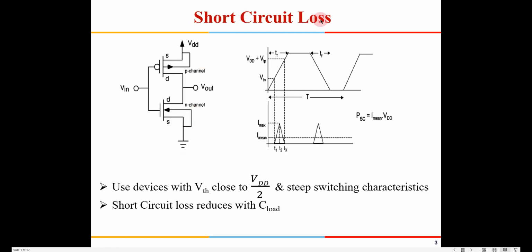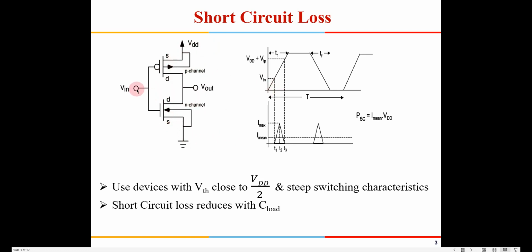Now we also discussed short circuit loss in the last class, wherein we said, when we are sweeping the input voltage from 0 to VDD, let's take the case of 180 nanometer technology, which we are going to simulate, in which VDD is 1.8 volt and the threshold voltage is 0.6.